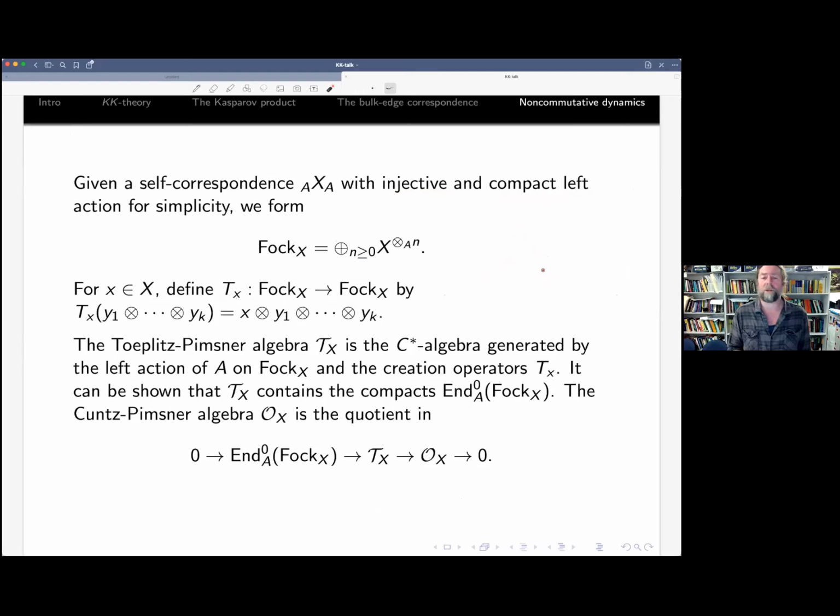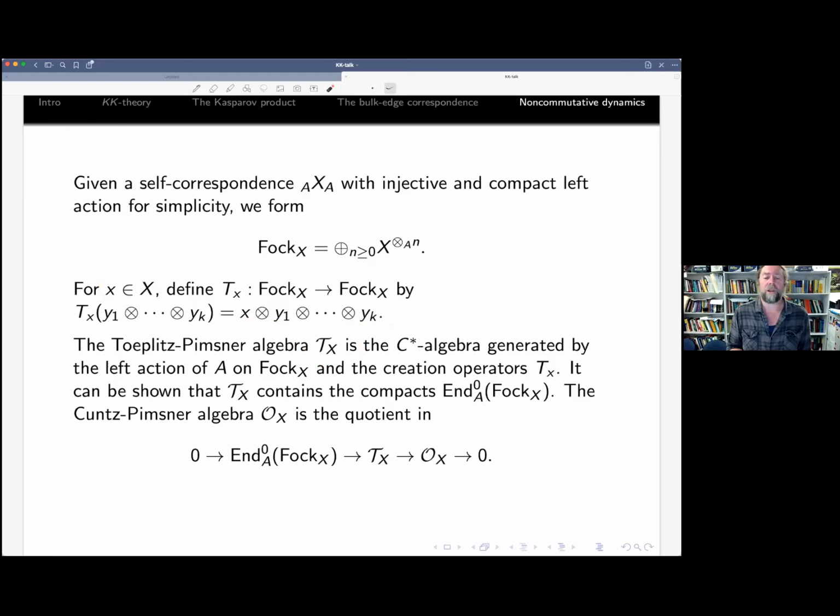Okay, so that's what the zeroth power means. Once you've built this module, you can take any element of your original module X and define a creation operator, which just puts an X on the front of any tensor. This guy's adjointable, and we define the Toeplitz-Pimsner algebra to be the C-star algebra generated by the left action of A and all of these creation operators and their adjoints.